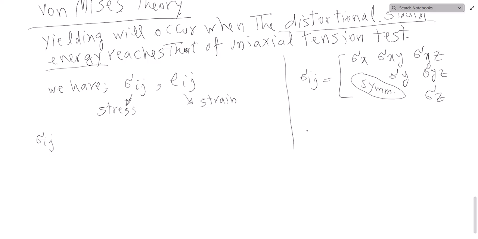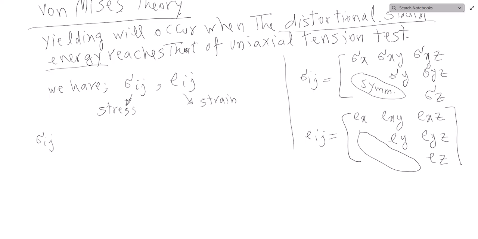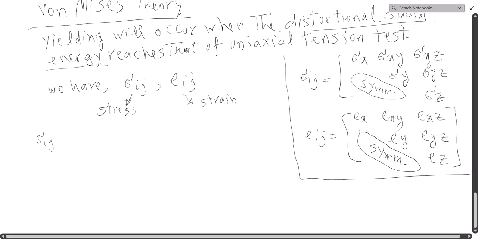And similarly, eij is, I will not use the matrix, I will use that index notation all the way, but just to refresh memory or see what we are talking about here, I am writing it as matrices. And again, symmetry here. Have this in mind on the side.